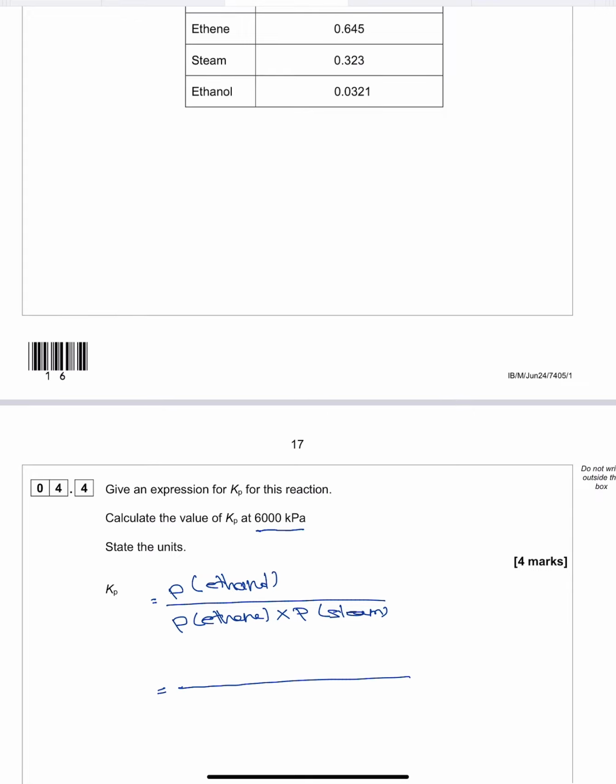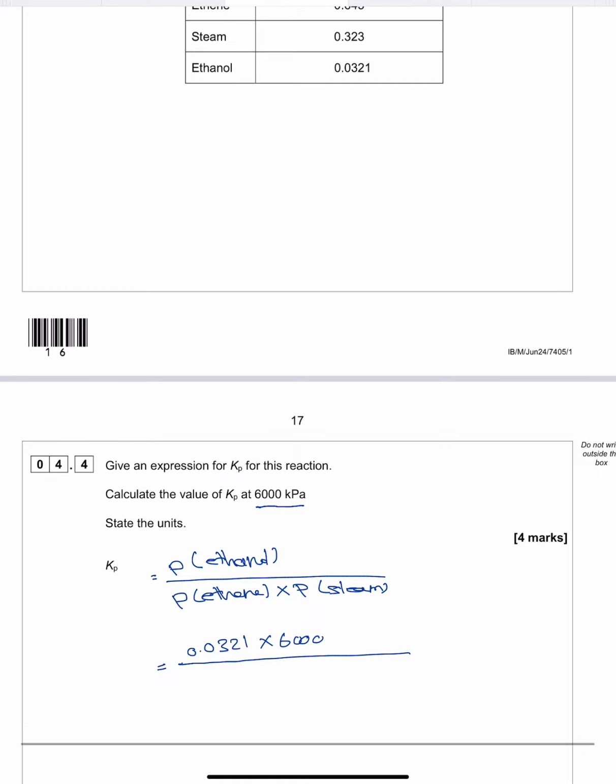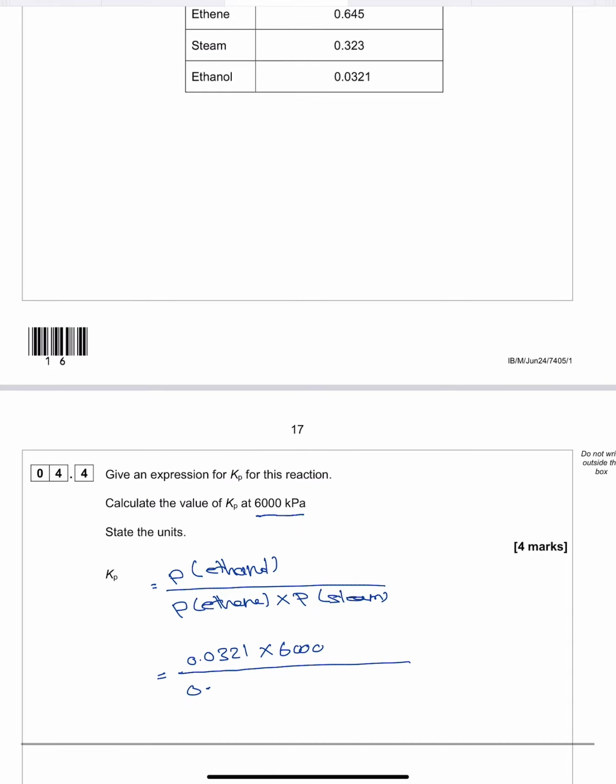So for ethanol, it's 0.0321 times 6,000, and for the ethene it's 0.645 times 6,000, and then times also the partial pressure of steam, which is 0.323 times 6,000.